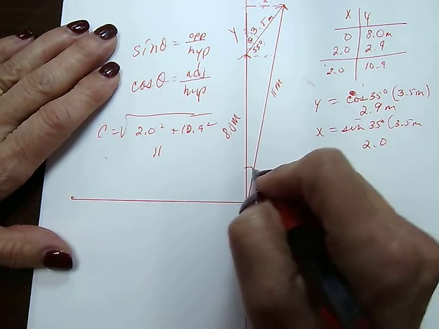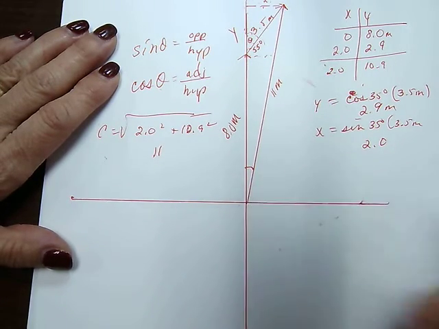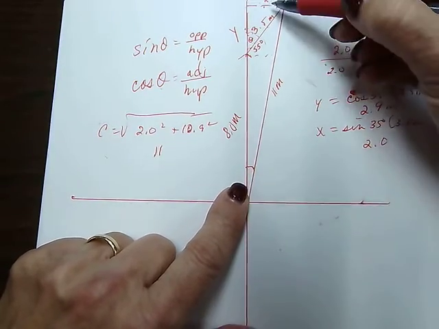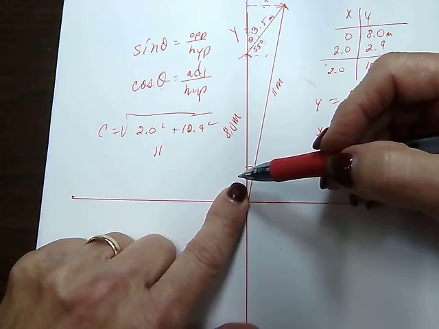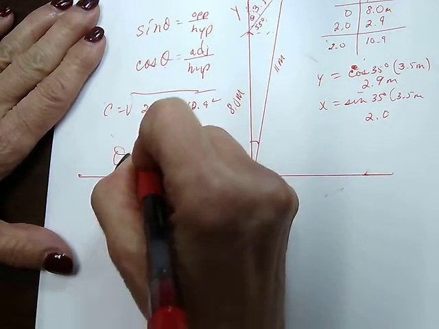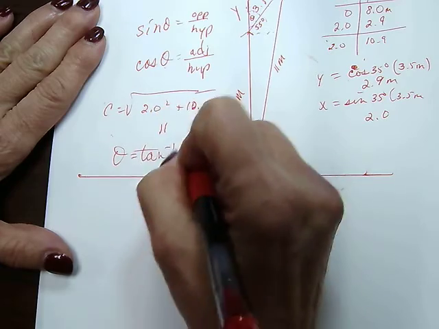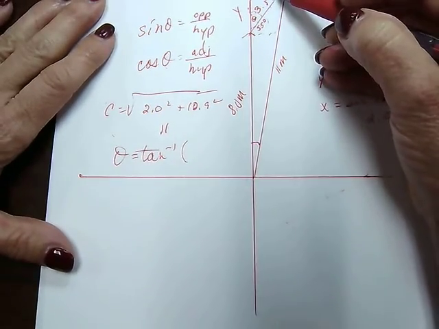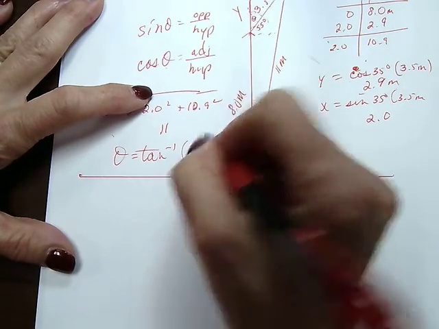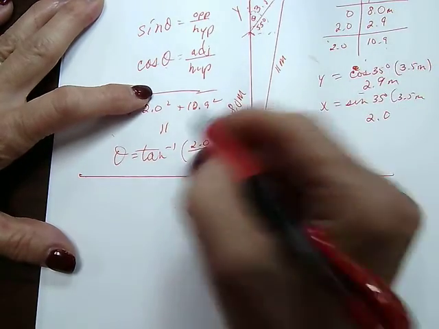But I've got to find this angle or this angle, either one of them. I'm going to go for this one because I know my opposite and I know my adjacent. So the angle is the inverse tangent of opposite, which is x, 2, over adjacent, which is 10.9.